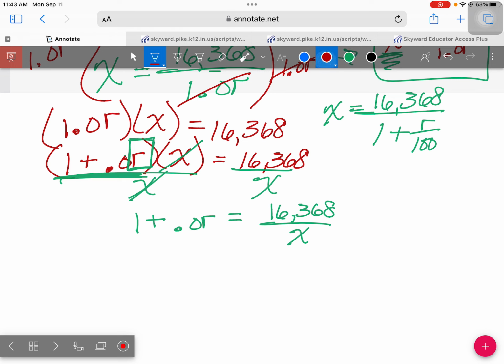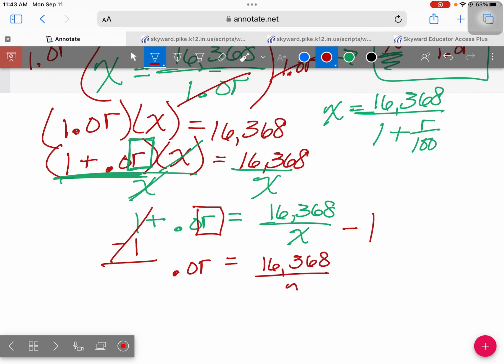We're trying to solve for r. Subtract 1. The 1's cancel out. So I have 0.0r equals 16,368 divided by x minus 1.